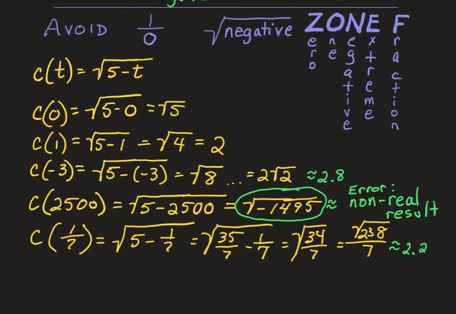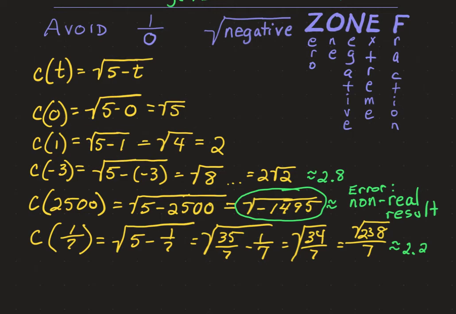But if you got the exact answers, this is what you should have come up with. Okay? If you used your calculator, this is an approximation rounded to the tenths place. This is an approximation rounded to the tenths place. And I imagine that for many of the numbers that you chose, that would have to be the result.